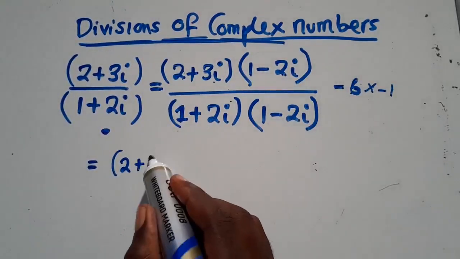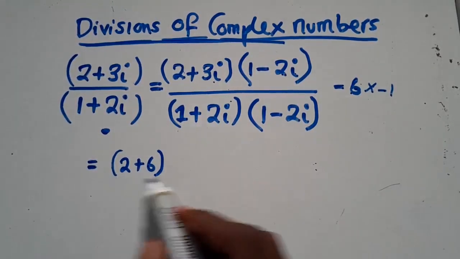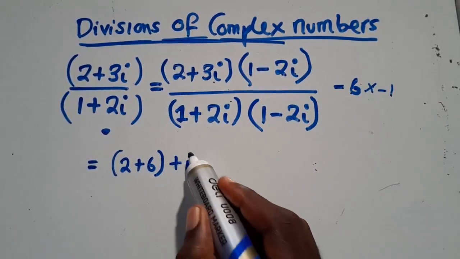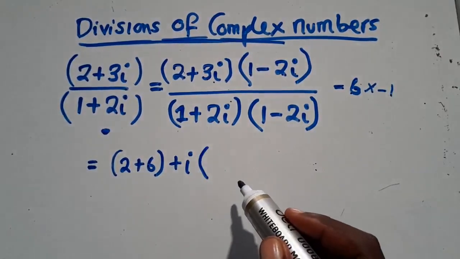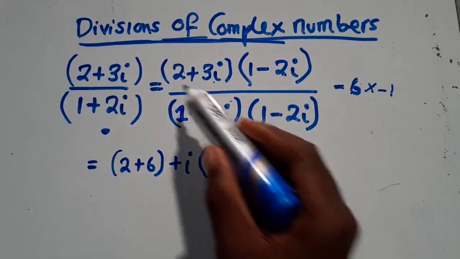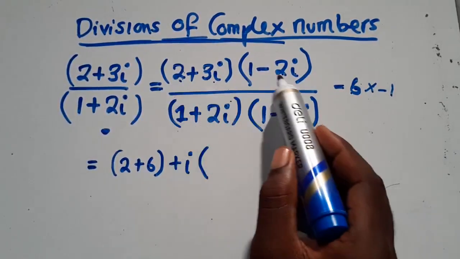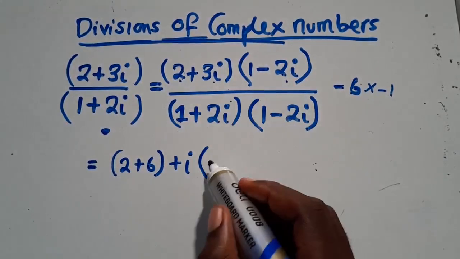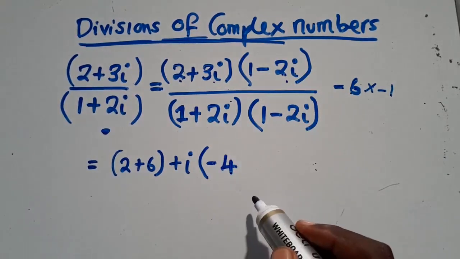So here, plus 6. This is the real part. Then the imaginary part: 2 times negative 2i gives negative 4i.